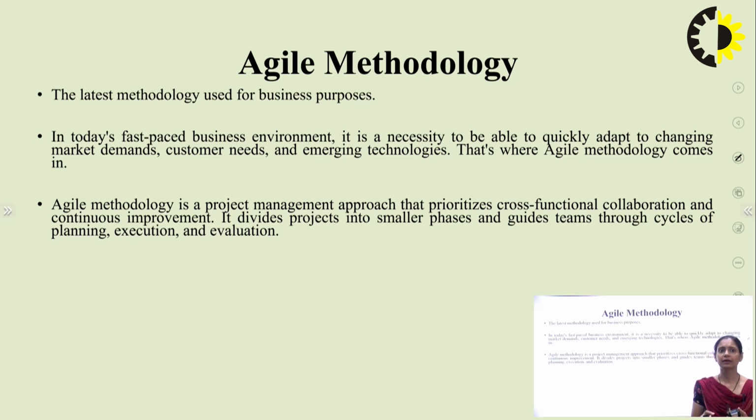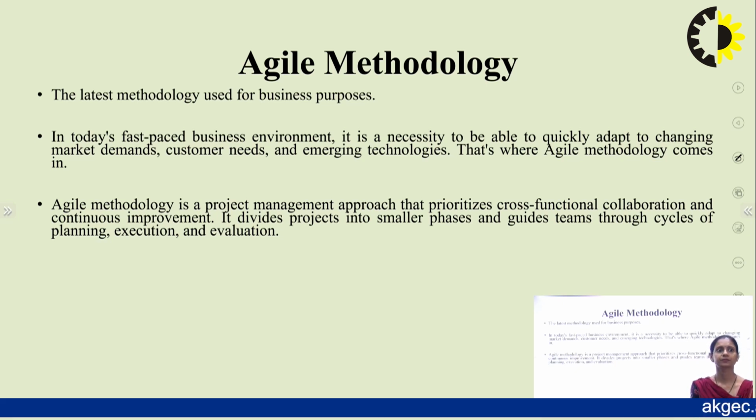So here what happens is the developers quickly adapt to the requirements of the user. They create small segments of the software and then deploy it to the user so that the user can use it, evaluate it and give his feedback.